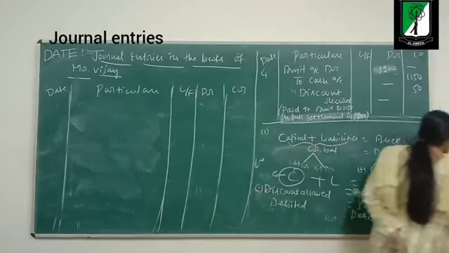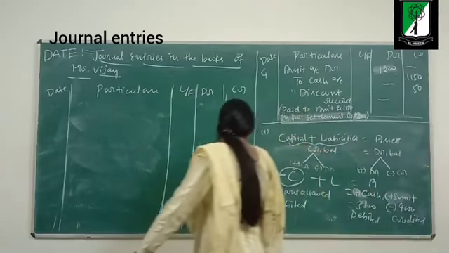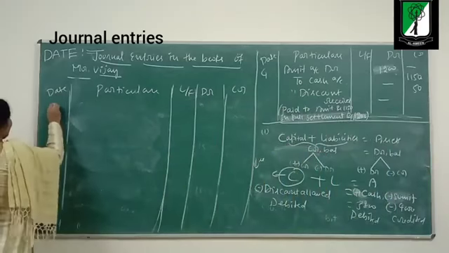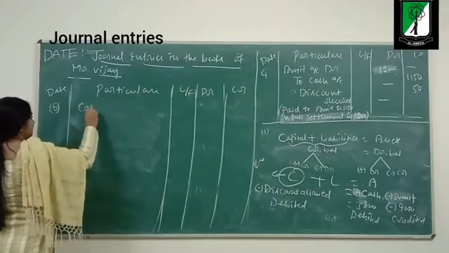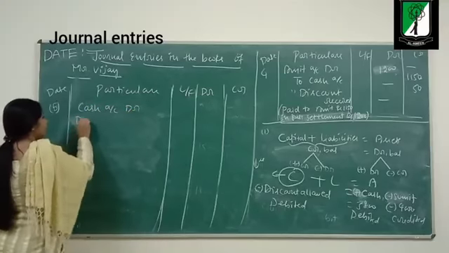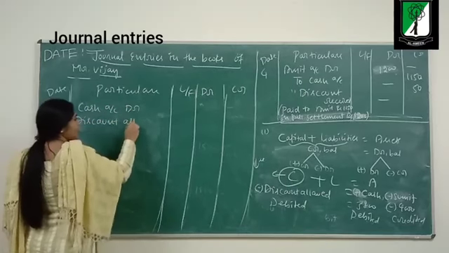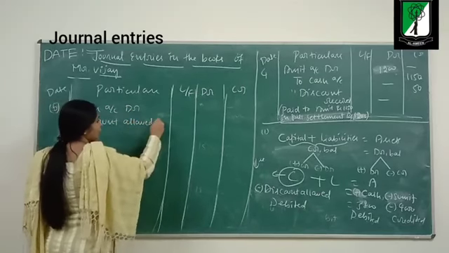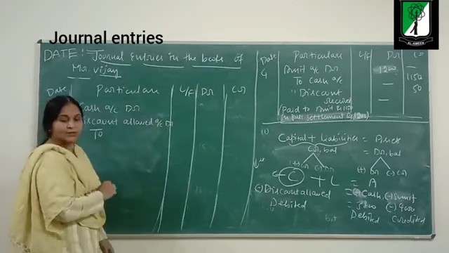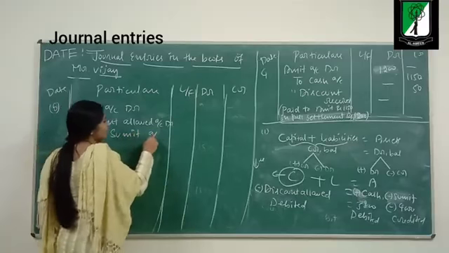So what is the journal entry? Cash account debit, discount allowed account debit, to Sumit account. It's a compound entry. What should be credited? Sumit account.